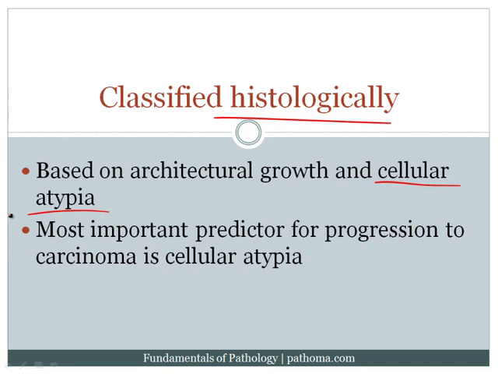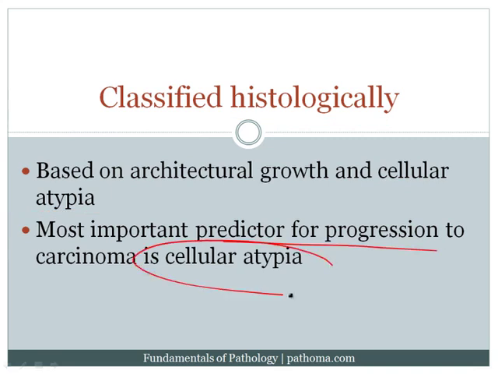There's a high-yield examiner's question that shows up on most examinations, whether it be medical school examinations or board examinations, and that is the following, that the most important predictor for progression to cancer is cellular atypia. Why don't I take a step back? Remember that endometrial hyperplasia is a pathologic hyperplasia. So endometrial hyperplasia is a risk factor for the eventual development of carcinoma.